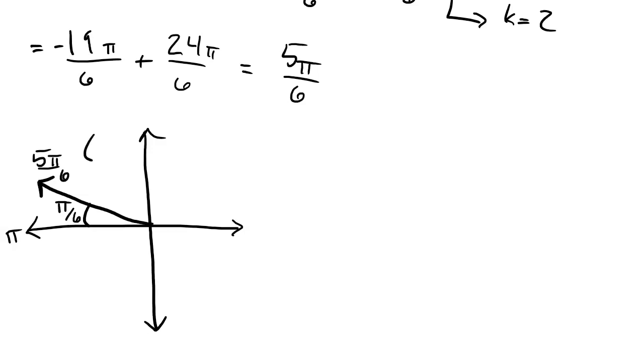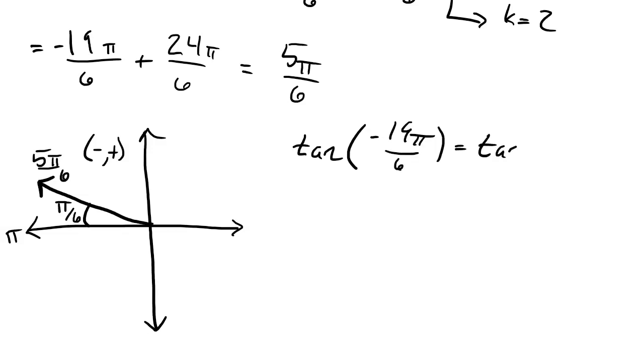So we are in the second quadrant, which has a negative x and a positive y, and we're looking for tangent of negative 19 pi over 6, which we can rewrite as tangent of 5 pi over 6.